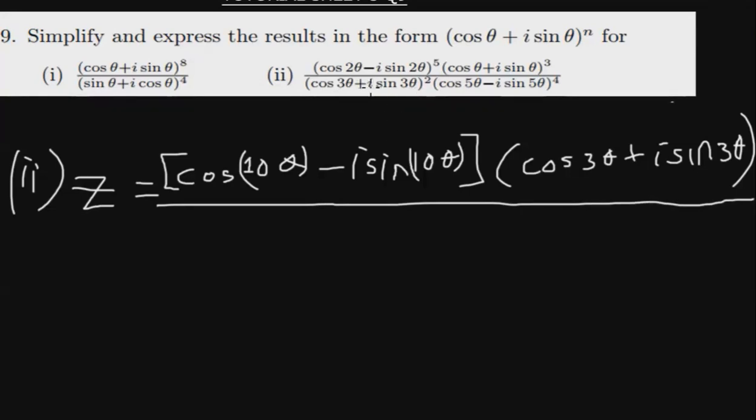So this 3 theta times 2 there, you get cos 6 theta, and then same applies there, plus i sine 6 theta.